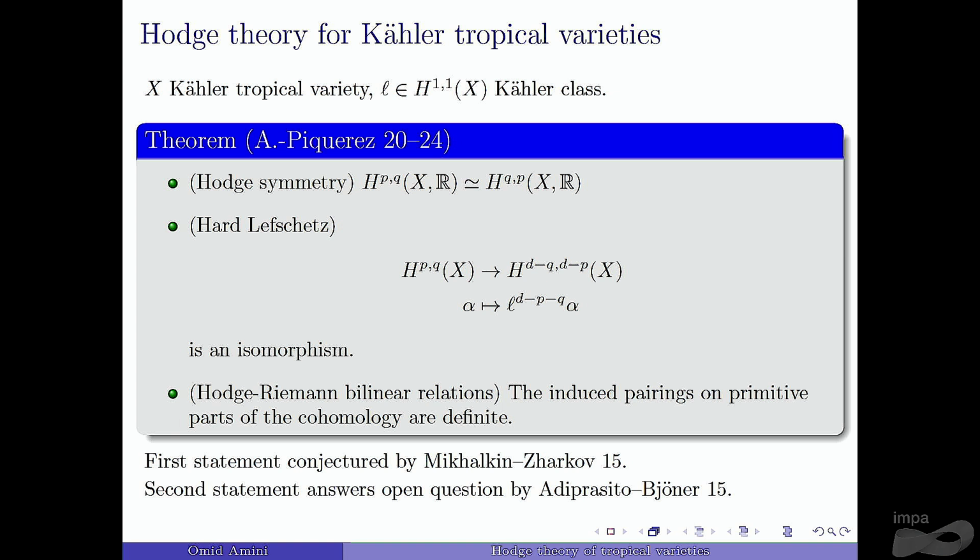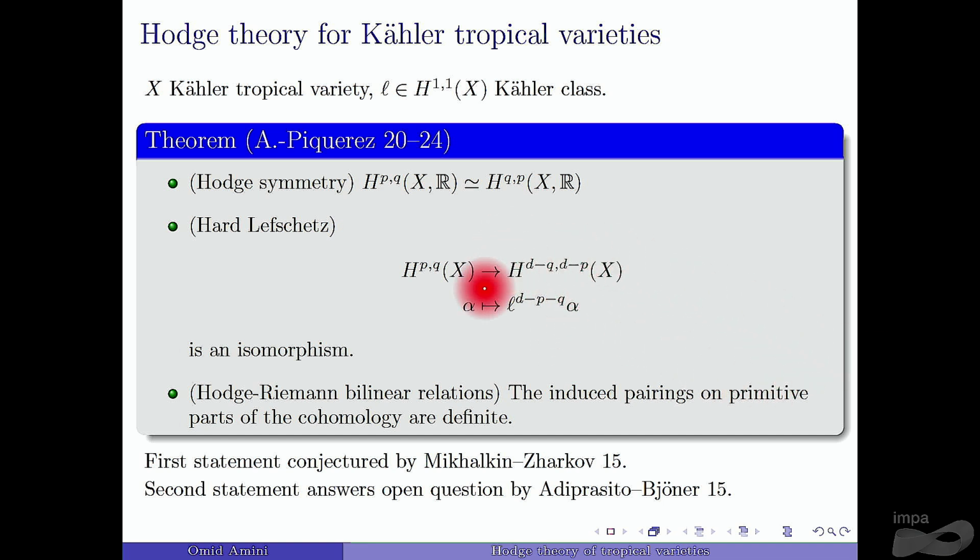Okay, and the main theorem is that, basically, the analog of all the statements about the cohomology of complex varieties, you have it here. So if you have X, which is a Kähler tropical variety, and L a global Kähler class inside H^{1,1}, then first of all, you have the Hodge symmetry. H^{p,q} is isomorphic to H^{q,p}. There's no complex conjugation.